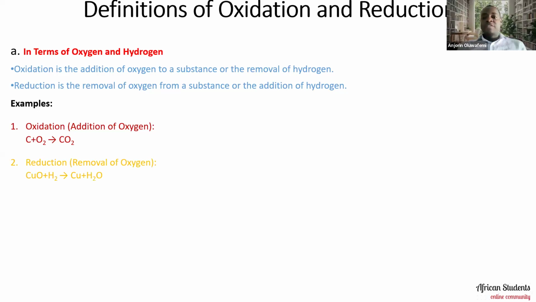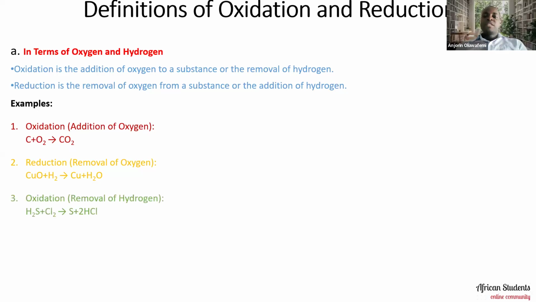When you have copper 2 oxide reacting with hydrogen, the hydrogen will take up the oxygen, the copper becomes reduced, and there's a removal of oxygen from copper. And when there's a removal, it's a reduction process that has been carried out. So these are examples to buttress oxidation in terms of addition of oxygen and reduction in terms of removal of oxygen.